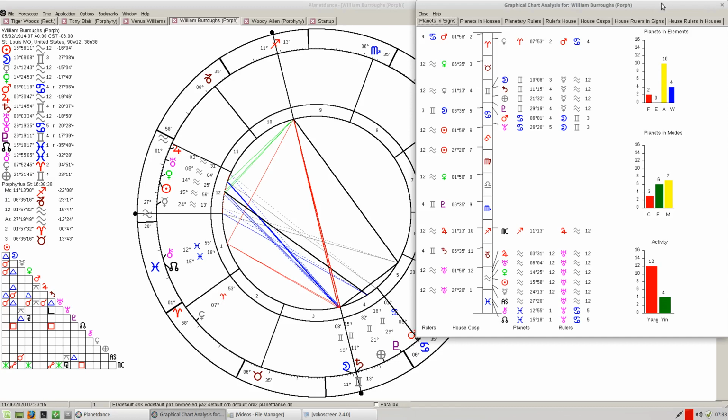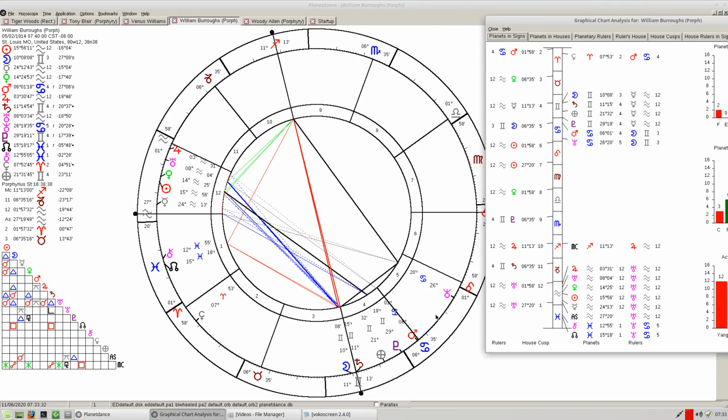In air you can see that Burroughs has a preponderance of planets in air. These are the planets in Gemini and Aquarius, and then he has 4 positions in water, being Chiron, the North Node, Mars and Neptune.